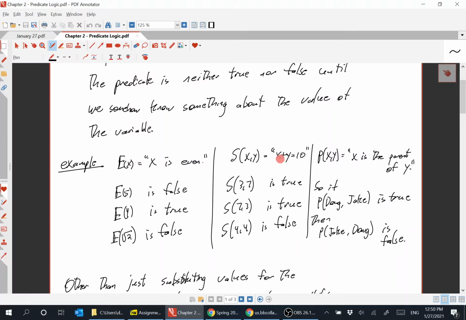And 4 plus 4 is not 10, it's 8. Not that you can always have a commutative relationship here with 2 variable predicates. P of X, Y is X is the parent of Y. So, right, if Doug is the father of Jake, P of Doug, Jake is true. Doug is the parent of Jake. If that's true, then Jake is not the parent of Doug. Right? That's going to be false.